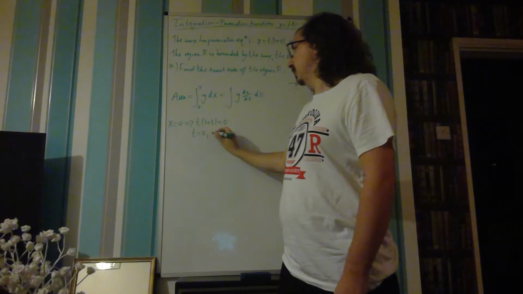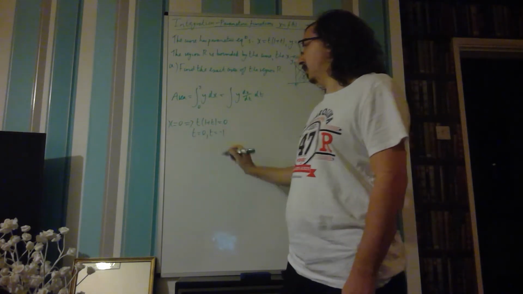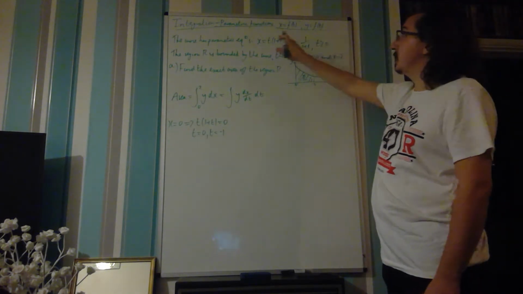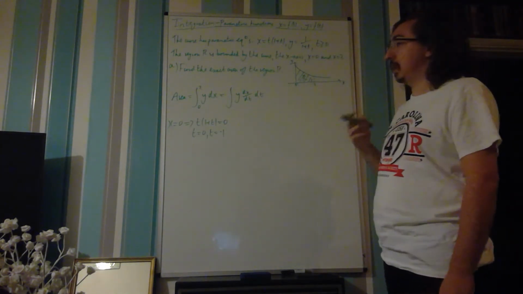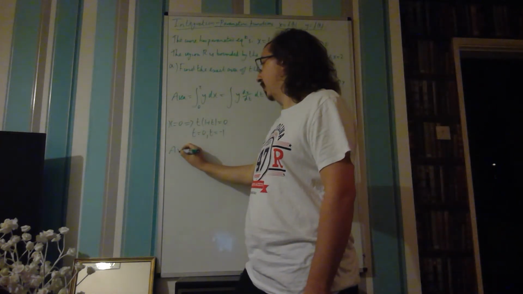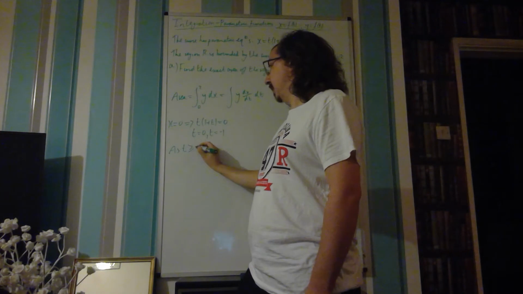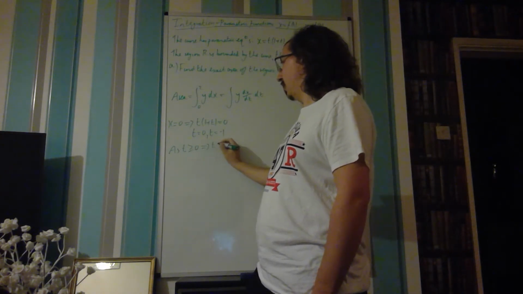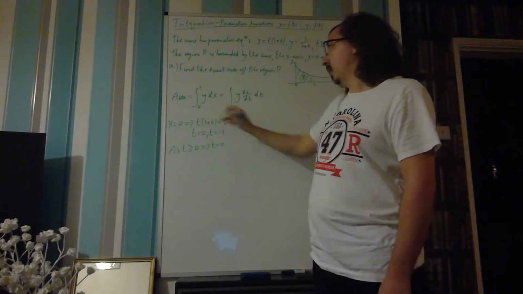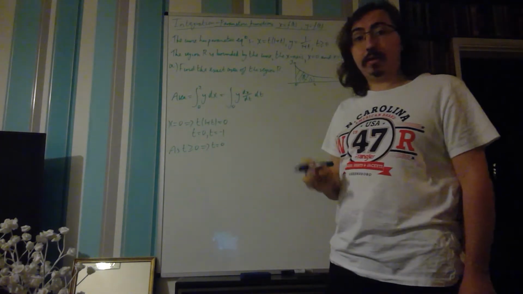So t is equal to 0, t is equal to minus 1. However, we're already told in the opening line that t must be greater than or equal to 0, so we can discount one of those limits. So as t is greater than or equal to 0, this implies that t is equal to 0. So matching it up, that becomes our lower limit.